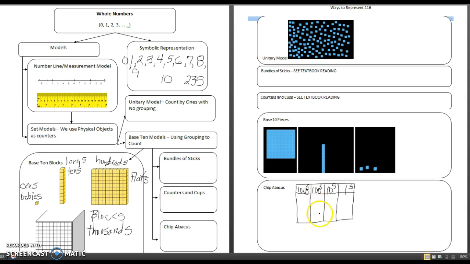All right. And so what I show, it's a chip abacus. So students use chips, like poker chips. And essentially, one chip represents how many of these I have. So I have 100, I have 10, and I have 6 ones.